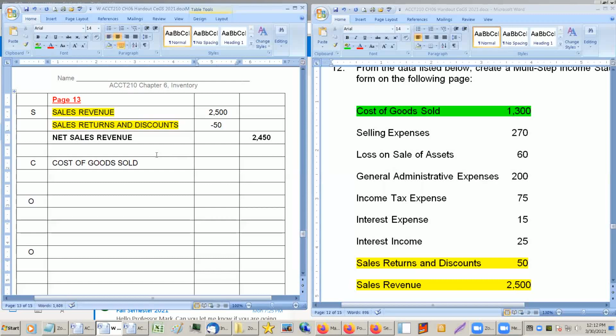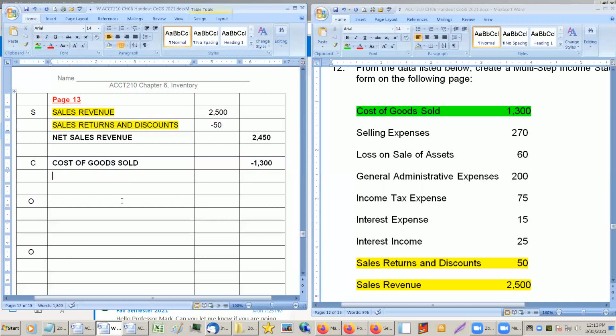And our cost of goods sold is 1,300. You recall, this cost of goods sold is the same thing as we did before, the previous.